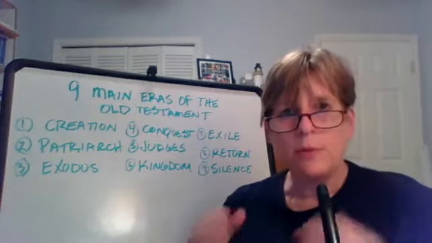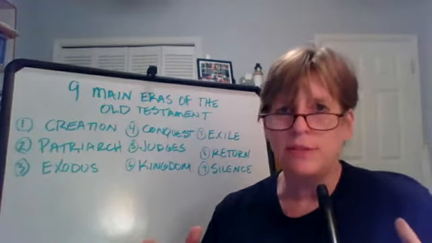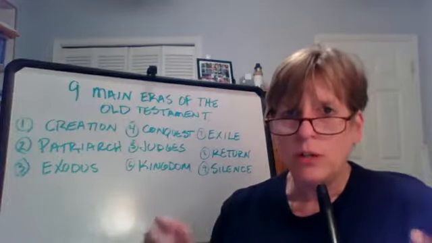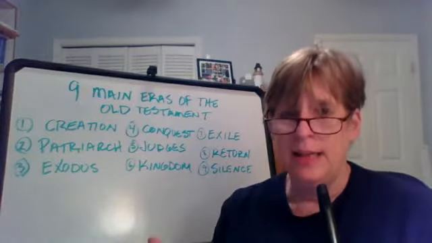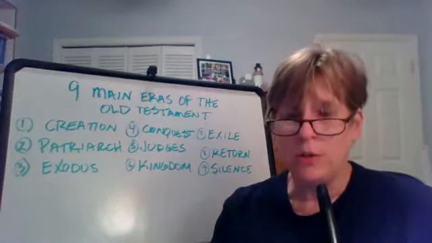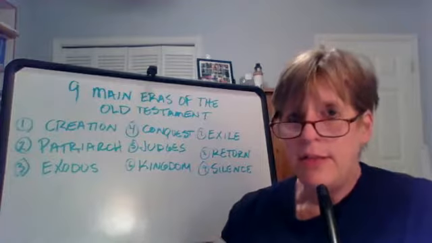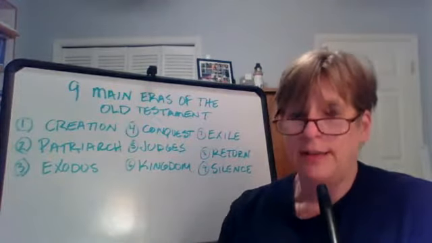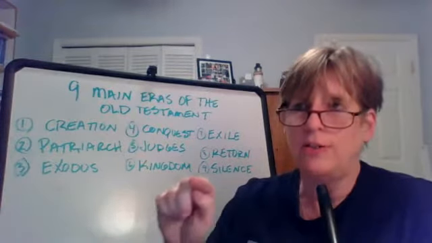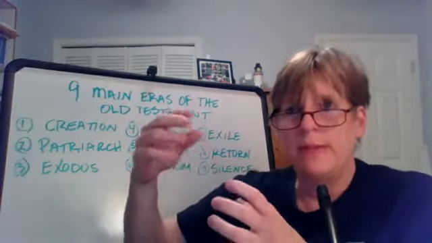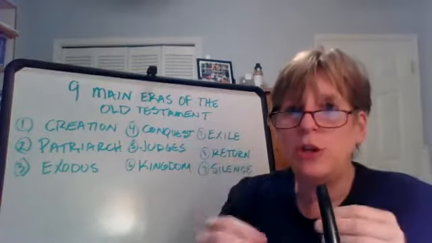Because remember, what you have in the Old Testament is the first 17 books of the Bible, your historical books. They tell the story of what happened. Then your 5 poetical books and your 17 prophetical books were written during the time the historical books were written. They're not in addition to, where they continue the story; they're actually part of it.